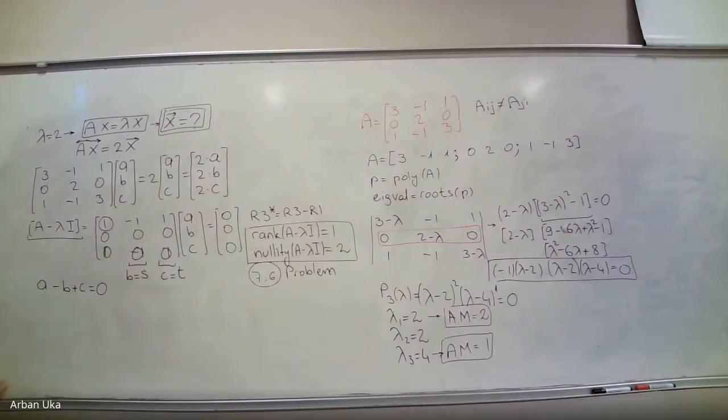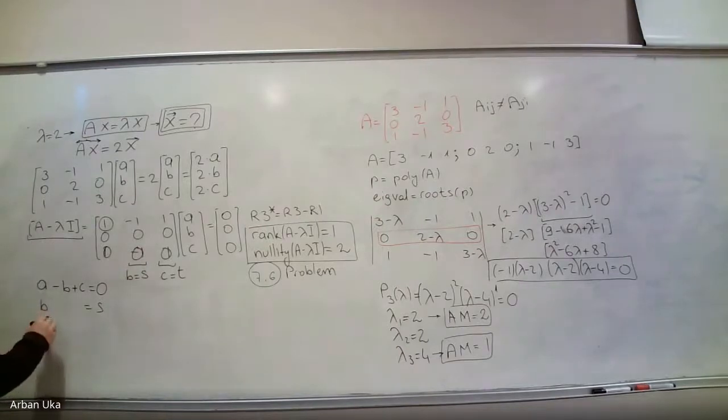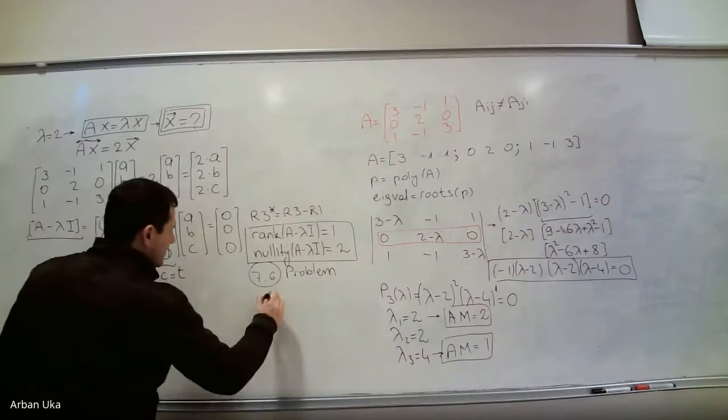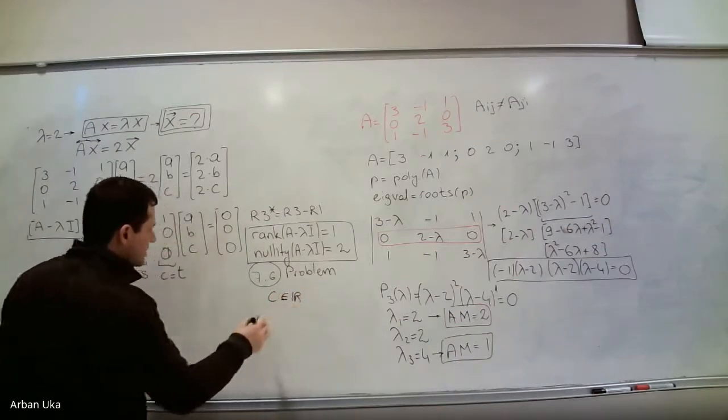This is the first expression. The second expression is B is equal to S. The third expression, C, because we have A, B, C, is equal to T. And we know that S and T are any real numbers, so they are constants.